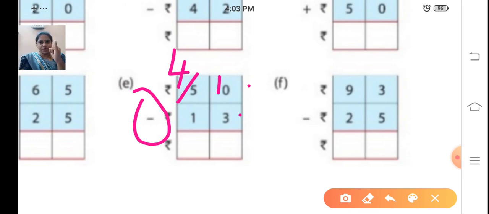After 3: 4, 5, 6, 7, 8, 9, 10. So 10 minus 3 is 7. Then 4 minus 1: after 1, 2, 3, 4. See, 37 rupees. Same normal subtraction, right? So 50 minus 13 is 37 rupees.